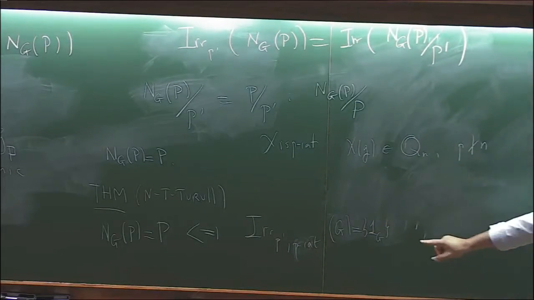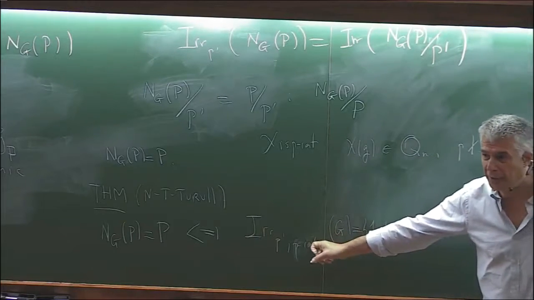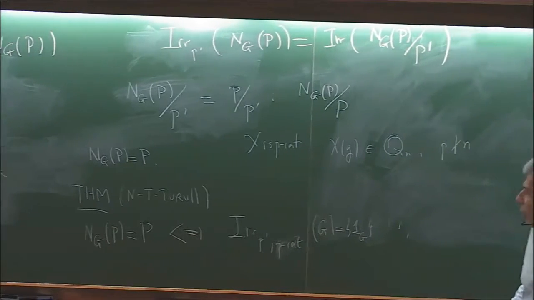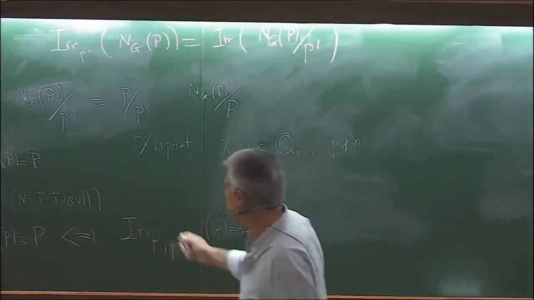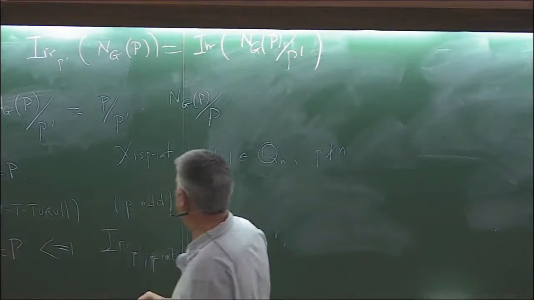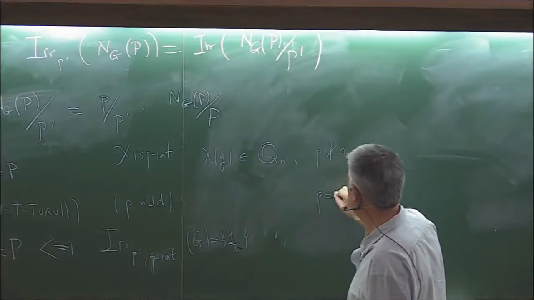Okay, so now you go to your character table, you can check P-rationality and degrees, and now if there is only one, if and only if the Sylow P is normal. Okay, this only happens for P odd, and there is a version for P equals 2 that is wide open.